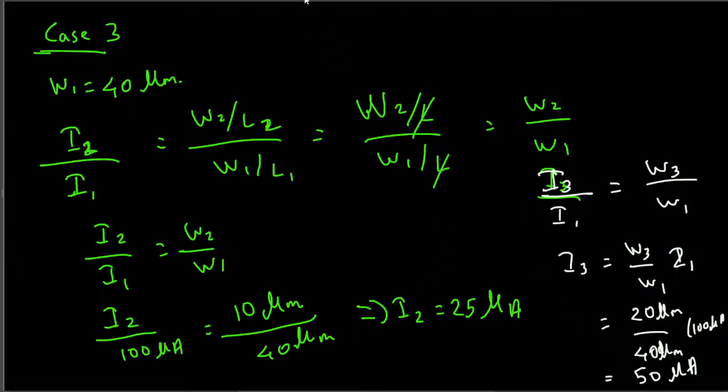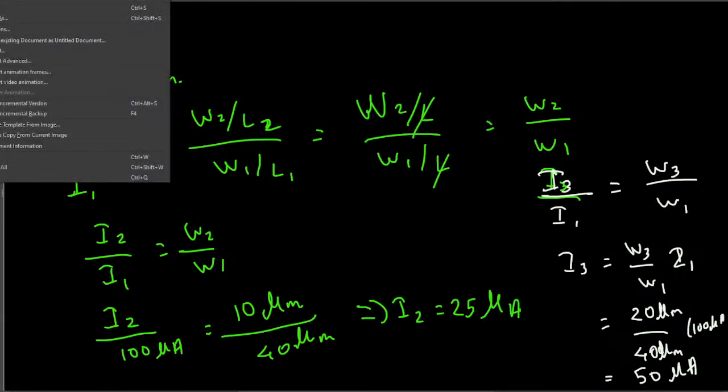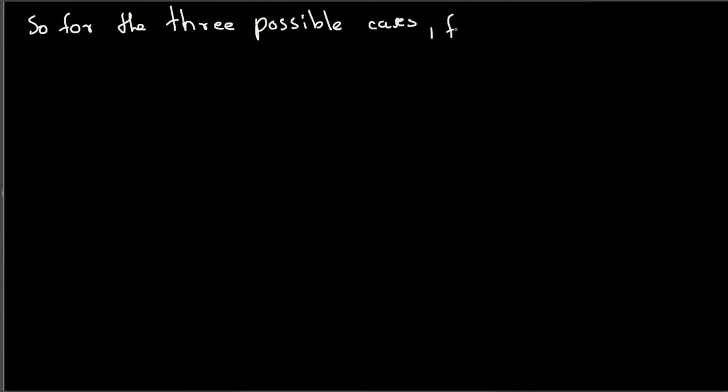So 200, 400, 50 and 25. Let's mention over here: for the 3 possible cases, 4 different output currents are obtained.